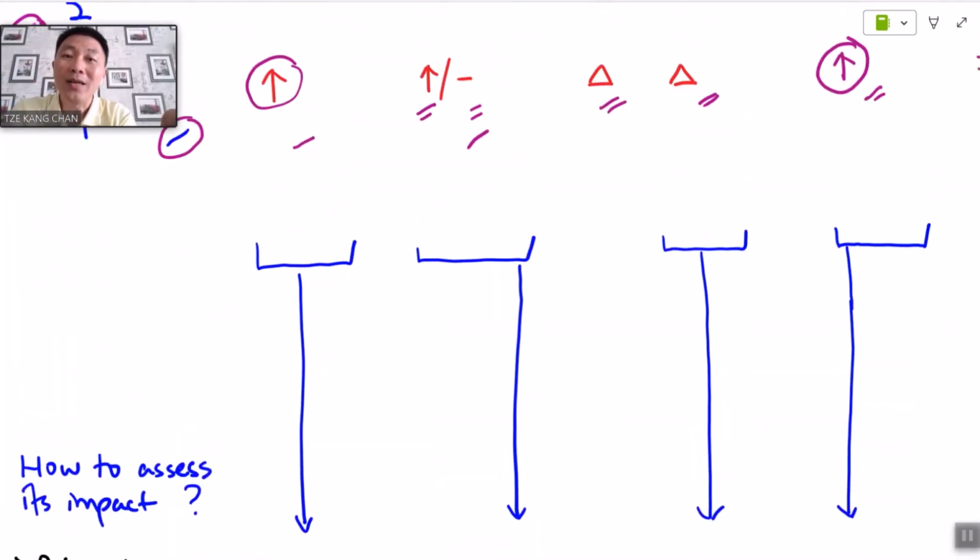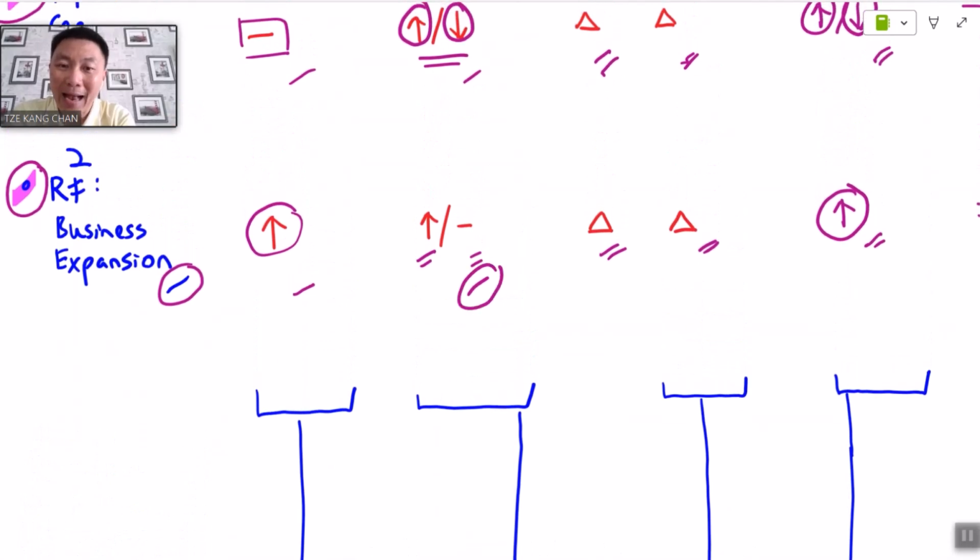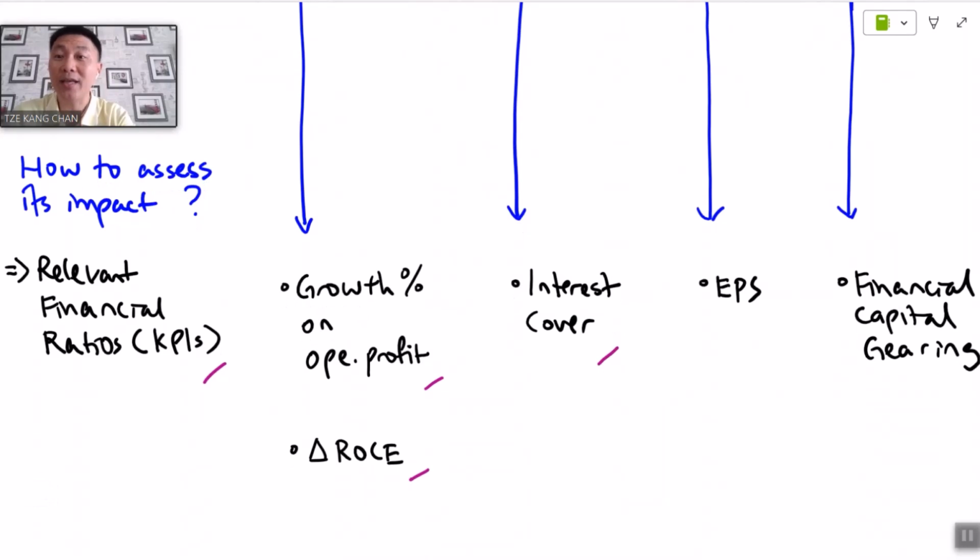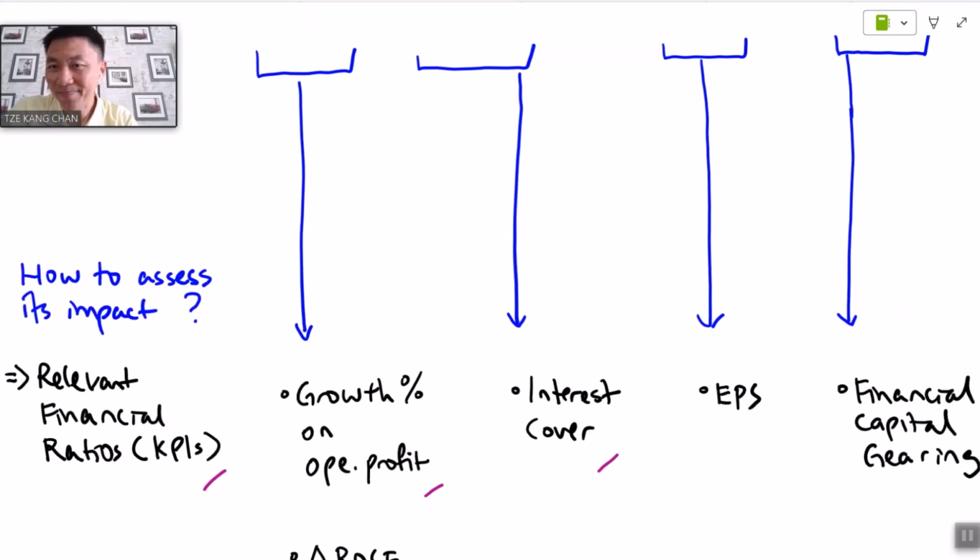As for assessing the impact on the financing cost, I suppose interest cover is not a new indicator to you, and it could be used to assess the change as a result of the change in the financing cost.